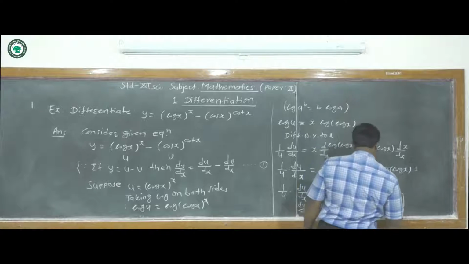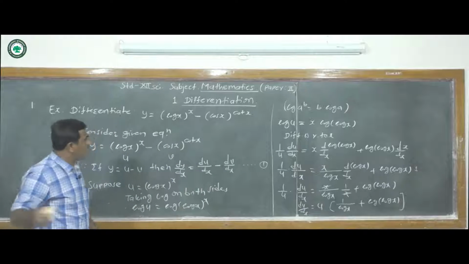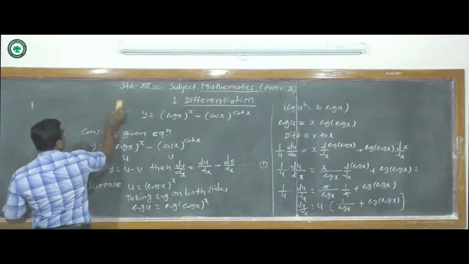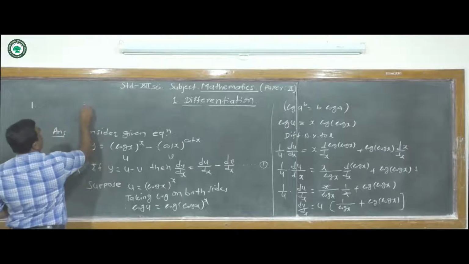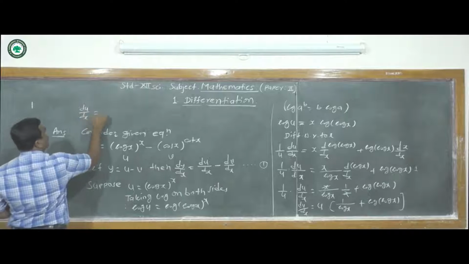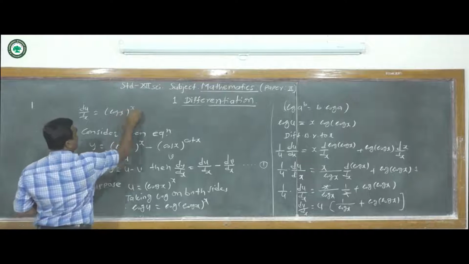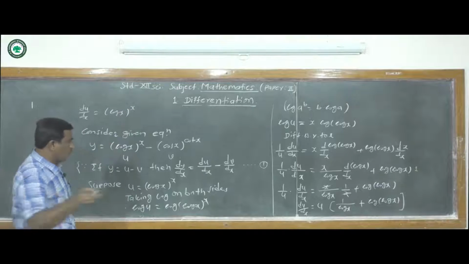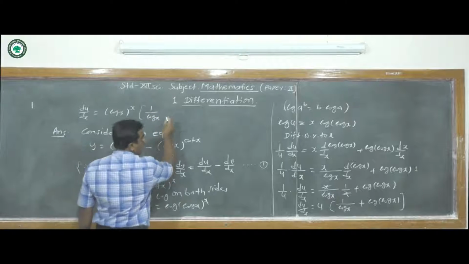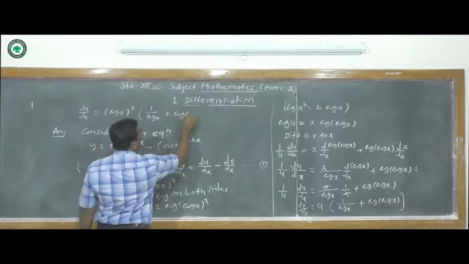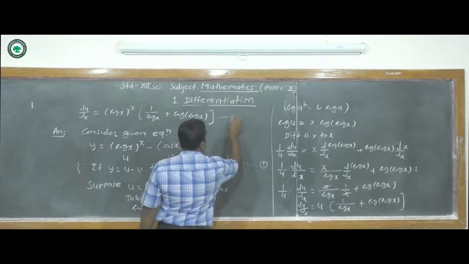Say this as equation number second. Now put the value of u, that is (log x) raised to x: du by dx is equal to (log x) raised to x into (1 upon log x plus log of log x). Say this as equation number second.